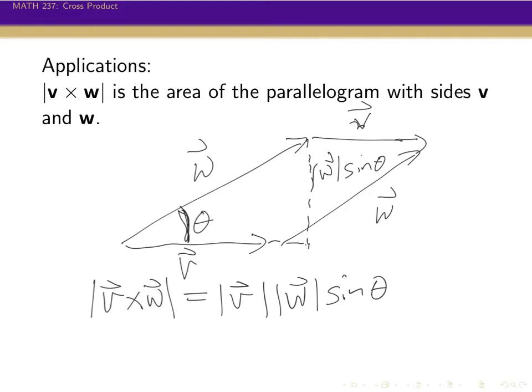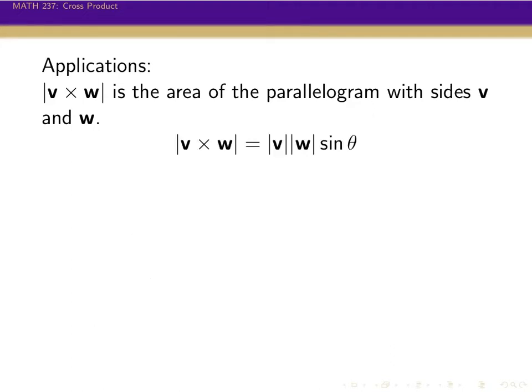And so in terms of an area of a parallelogram, if V and W are perpendicular, that really gives us a rectangle. On the other hand, if the angle's small, if they're going in the same direction, then sine's going to be small, and the cross product's going to be smaller. So here's that formula nicely written. The magnitude of the cross product is equal to the product of the magnitudes times the sine of the angle between them.